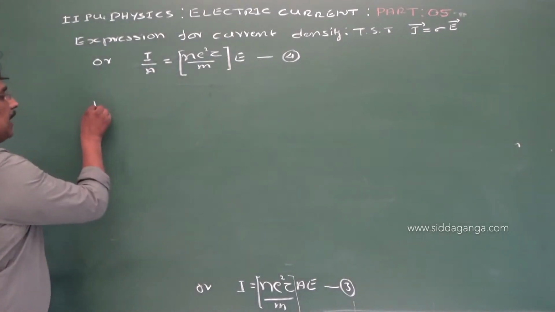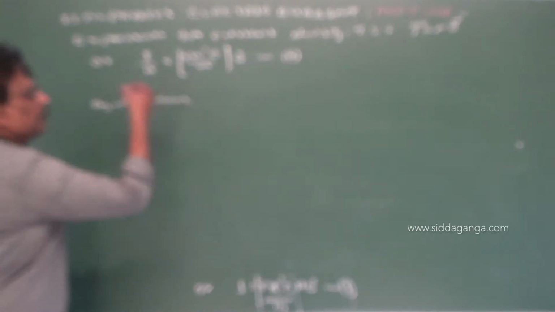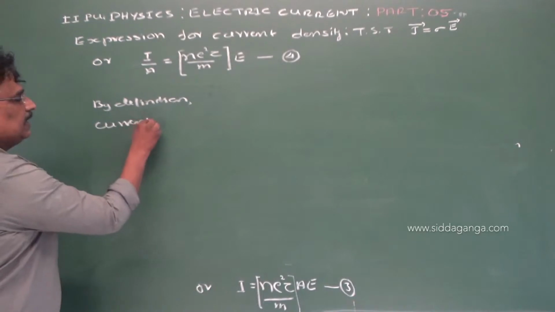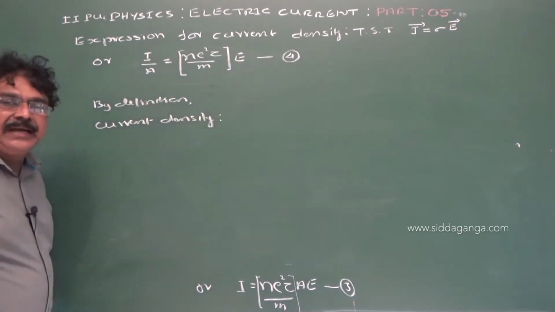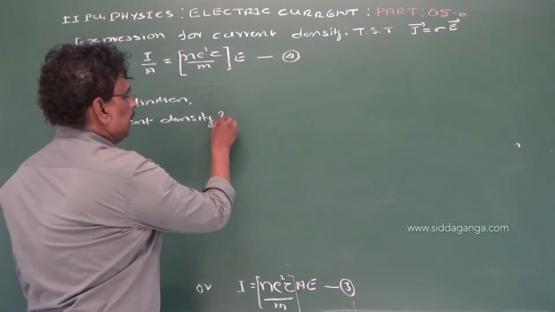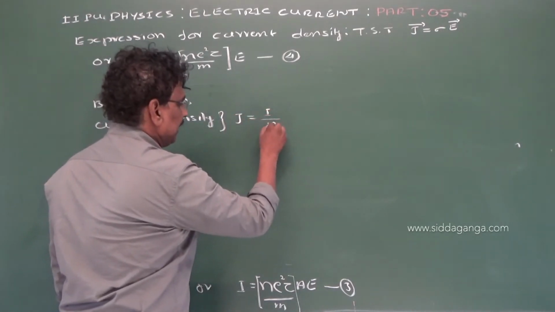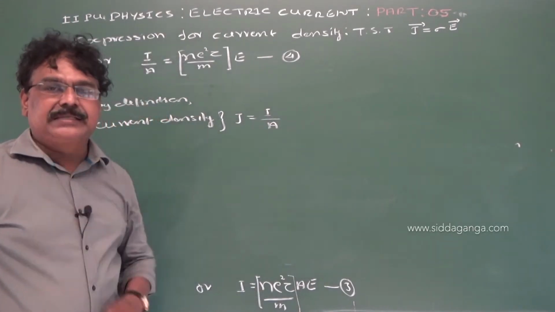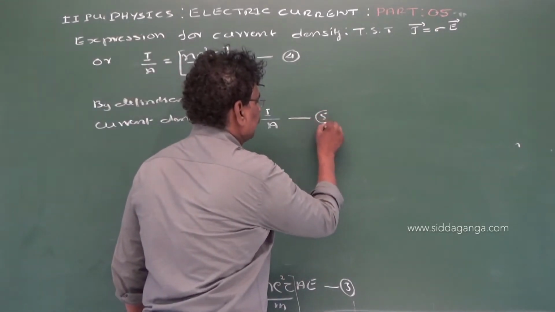Now, by definition of current density, we have current density at any point in the conductor, J is equal to I by A, where I is the current in the conductor and A is the area of cross section of the conductor. Let us take it as equation number 5.